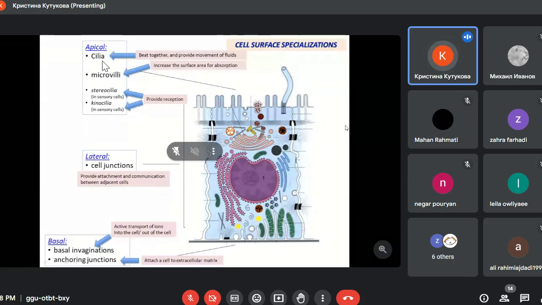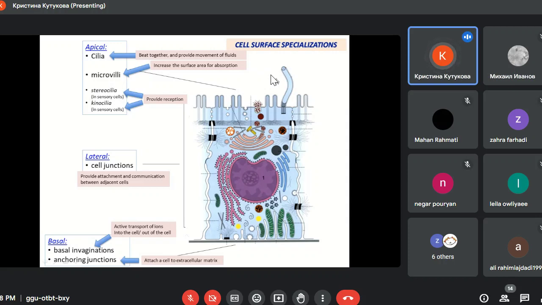Here you can see the functions of these cell surface specializations. So cilia, this is one cilium. Cilia can beat together. It means that they very fast bend to one and other side.